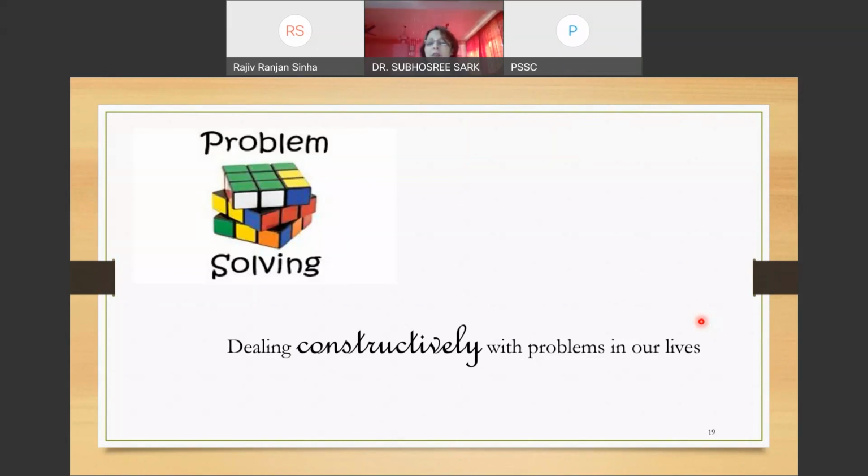It affects our behavior. Somebody will say that person is such a fighter cock type of a person. So why fighter cock? Because he is not solving his problem. Maybe he is troubled somewhere. That's why. So it affects our behaviors, it affects our interpersonal relationships. What happens to the students?